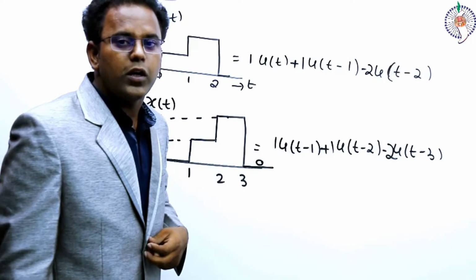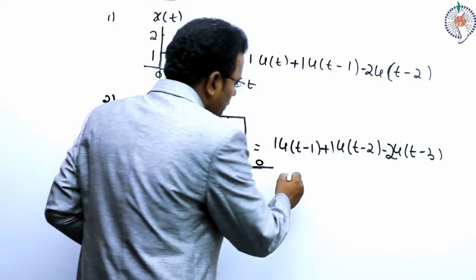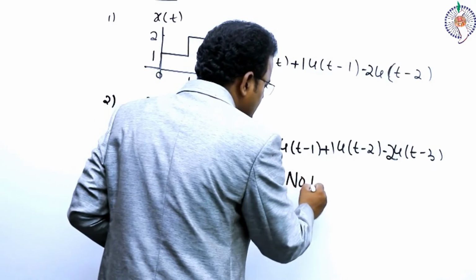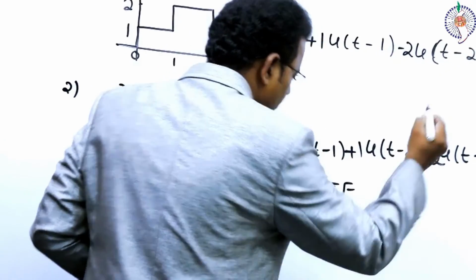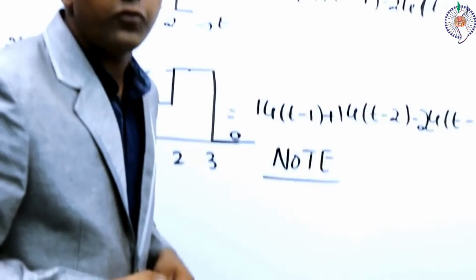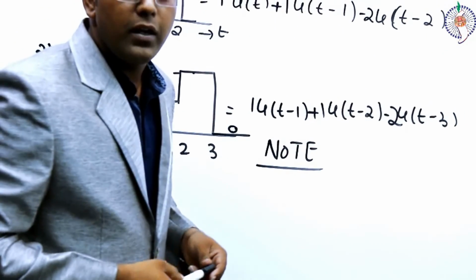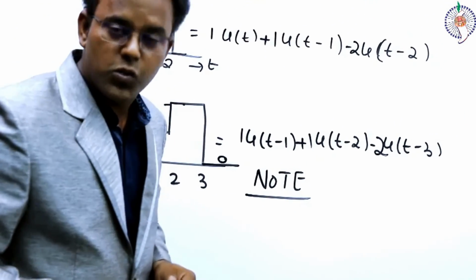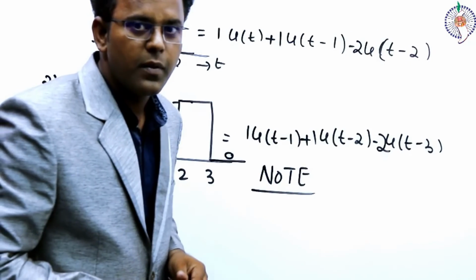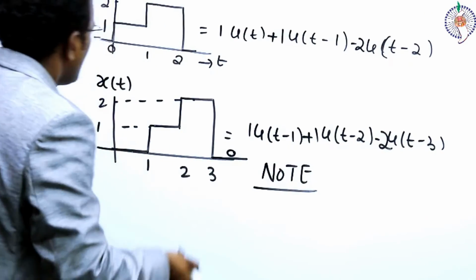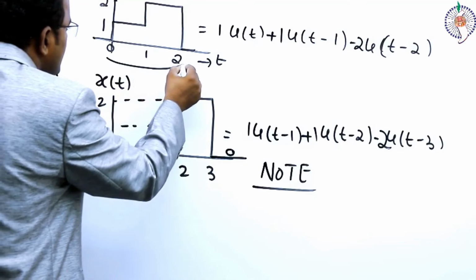And one more important point you have to understand here is a very important point. It has come many times in the GATE examination, even as a 2 marks question. Here, what is the duration of this signal?